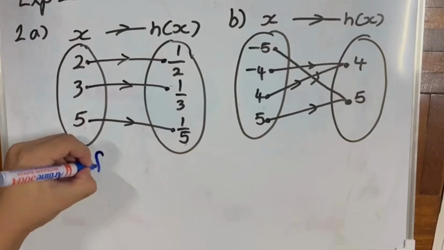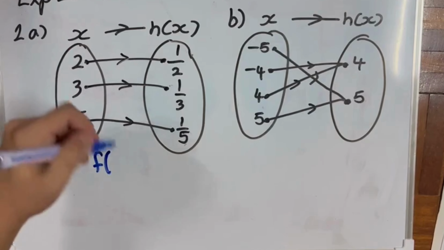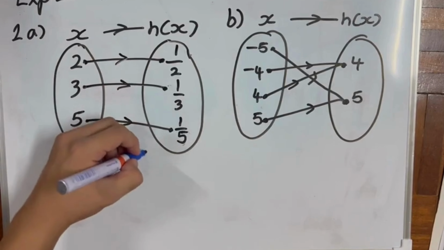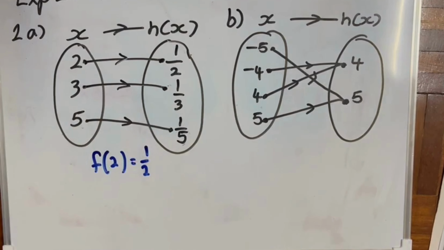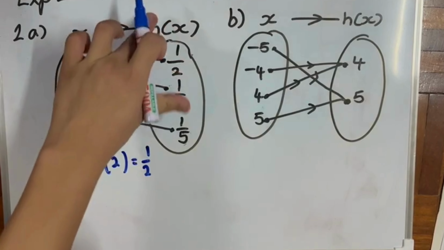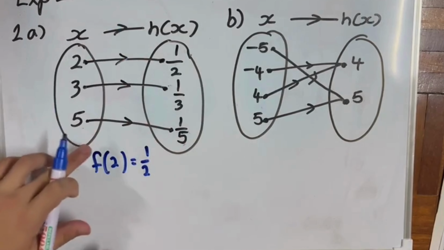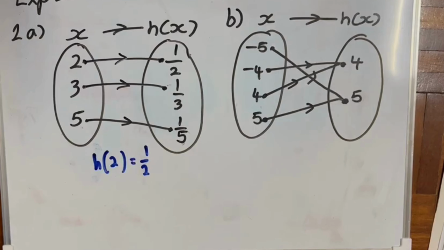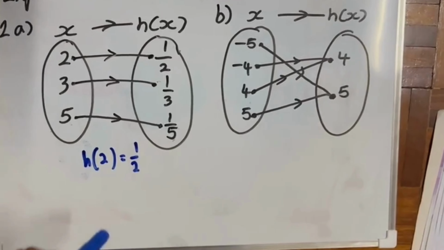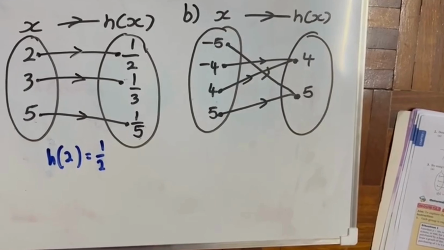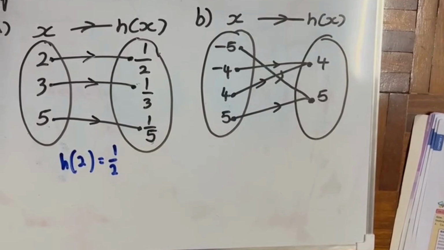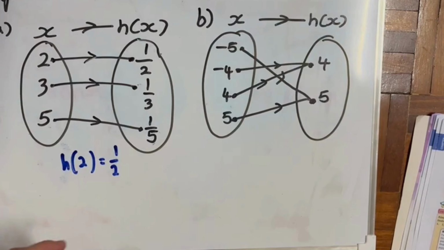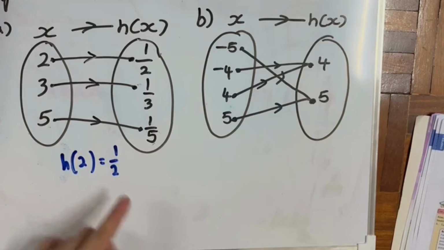So we'll write this in the function equation first. f of the object equals the image. Because we were asked to write it in h(x), we have to write it like this. What you can do next is determine, when x equals 2, how did your image become 1 over 2?